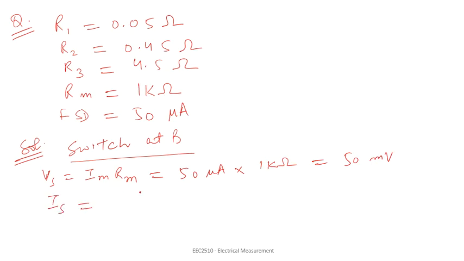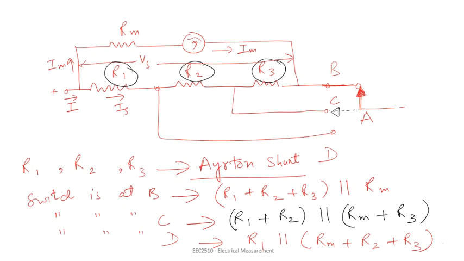So what will be this Is? This is Vs over R1 plus R2 plus R3. Okay, because in the very first case when the switch is at point B, R1 plus R2 plus R3 will be the total shunt resistance. So Is will be nothing but the voltage across it divided by the total resistance.